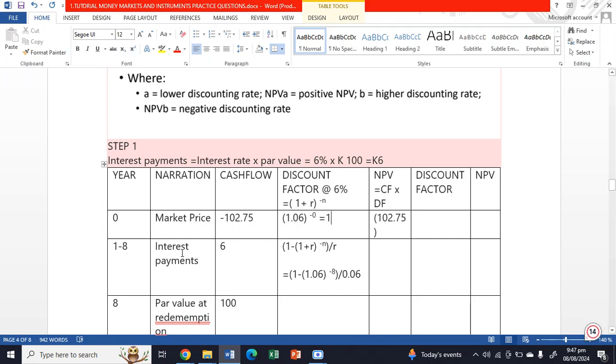For the interest payments, the annuity factor is 1 minus 1 plus r, where r is 0.06. So when you do 1 plus 0.06, that's how we get our 1.06 here, to the power negative 8, we put the last year here, divided by 0.06.